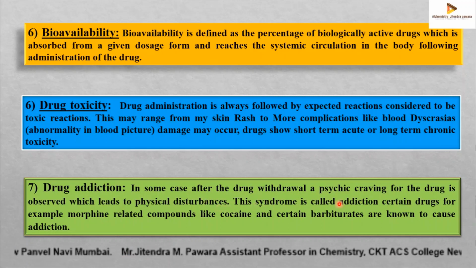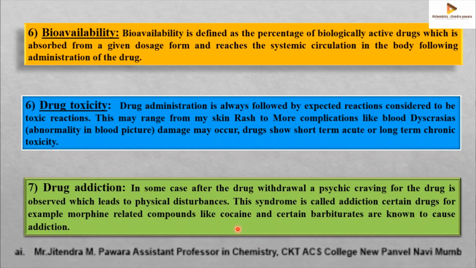This syndrome is called addiction. Certain drugs, for example morphine-related compounds like cocaine and certain barbiturates, are known to cause addiction. So this is all about bioavailability, drug toxicity and drug addiction.